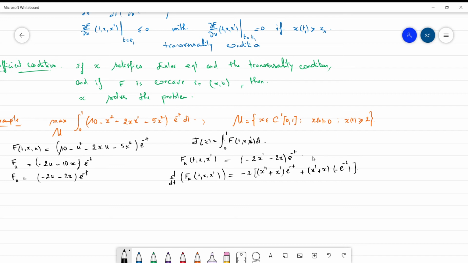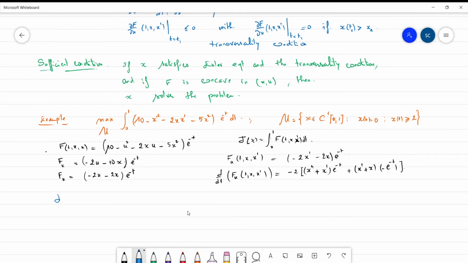Now let's write the Euler equation. Let's write it here to save space. I need to check f_x minus d/dt of f_u applied at x' equals 0.